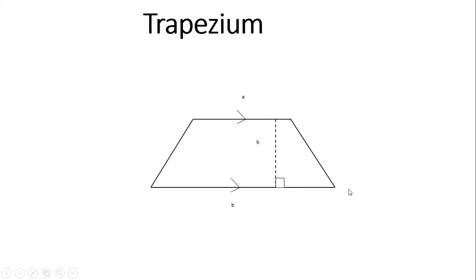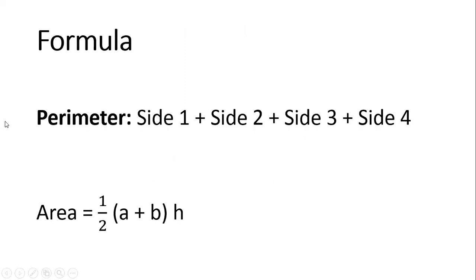That enables us to get the perimeter, which is side 1 plus side 2 plus side 3 plus side 4. The area is half the sum of the parallel sides, half A plus B in brackets, times H. That gives us the formula for our trapezium.